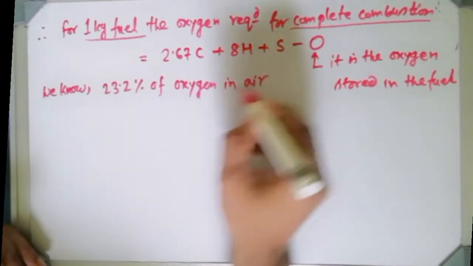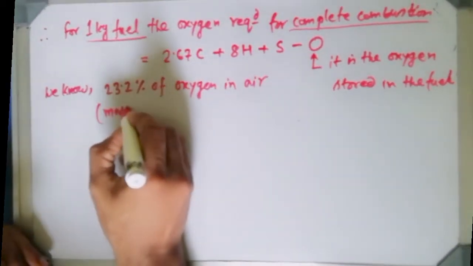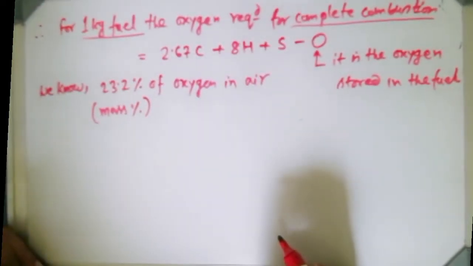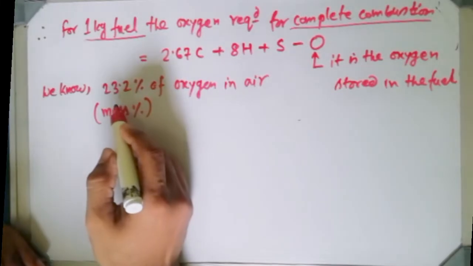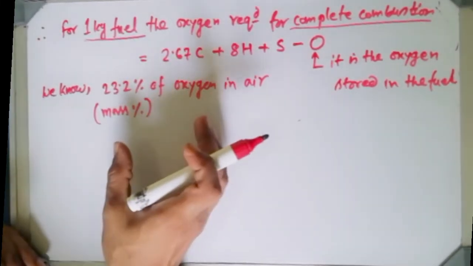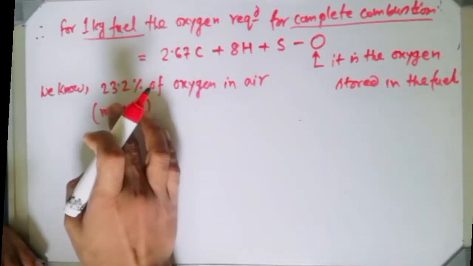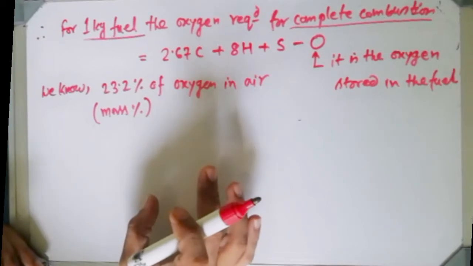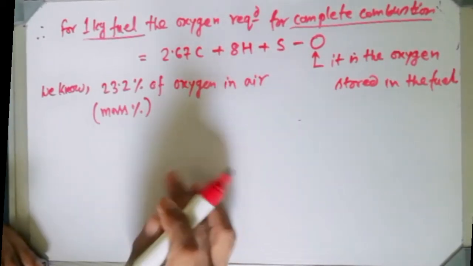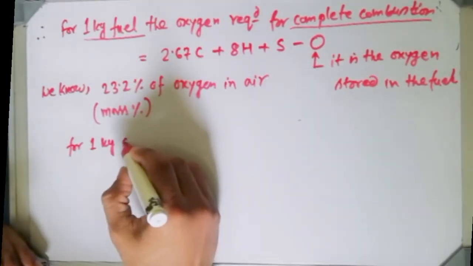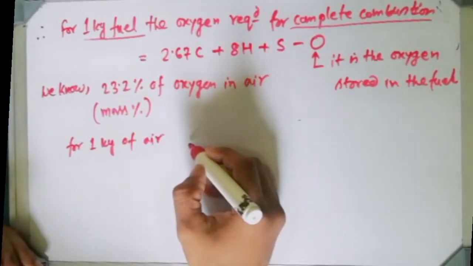For 100 kg of air, we normally have 23.2 kg of oxygen. Understood? So for 1 kg of air, how much oxygen will there be? Obviously 0.232 kg of oxygen, isn't it? Simple unitary method.